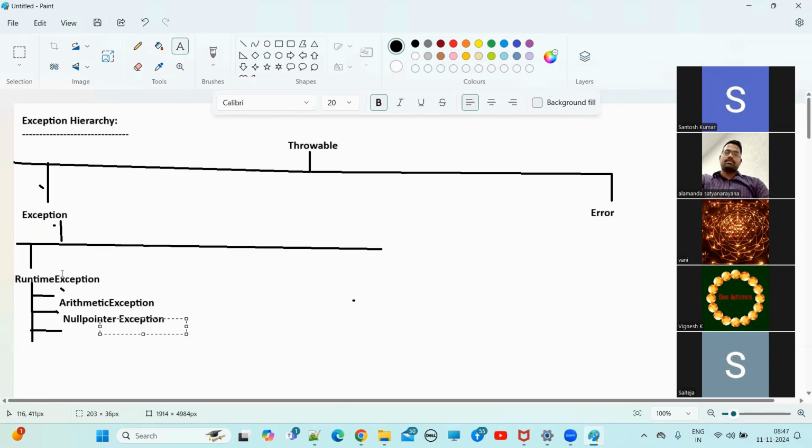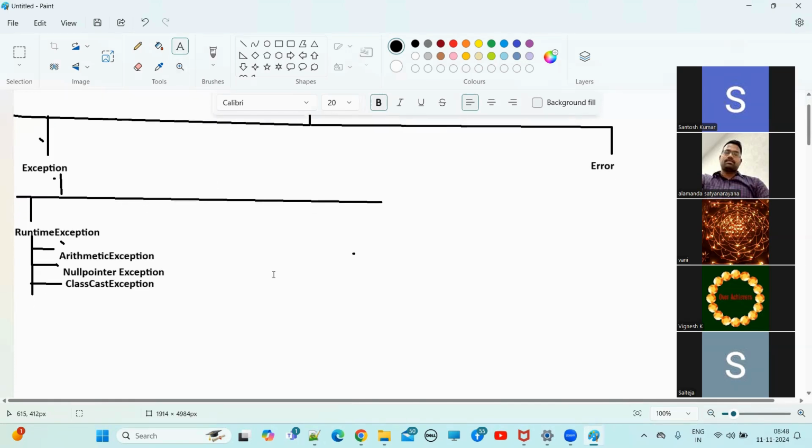The next one, ClassCastException. These are child classes of RuntimeException.